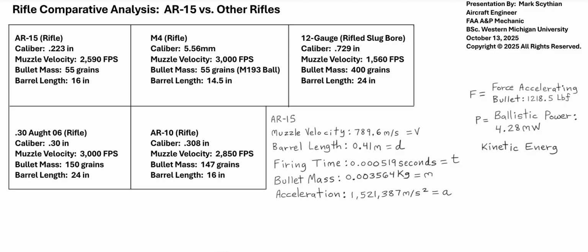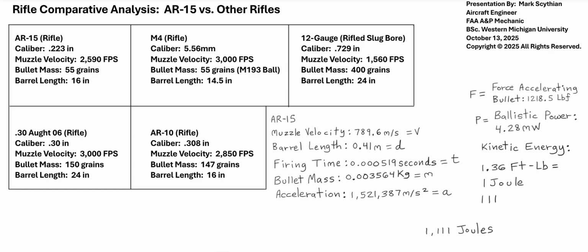And then the kinetic energy is 1/2 times mass times velocity squared. So it's important to know that a high energy rifle supersedes a high powered rifle. So you always want to assess the overall energy, not the power of a rifle.